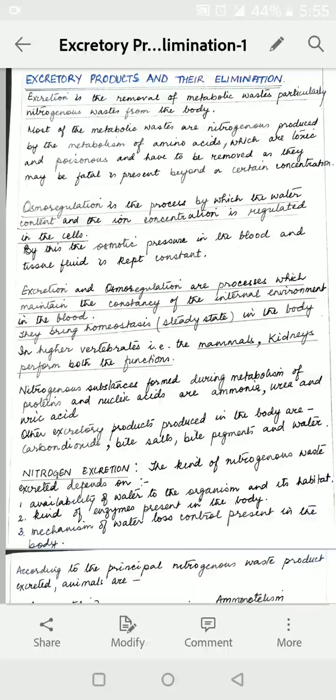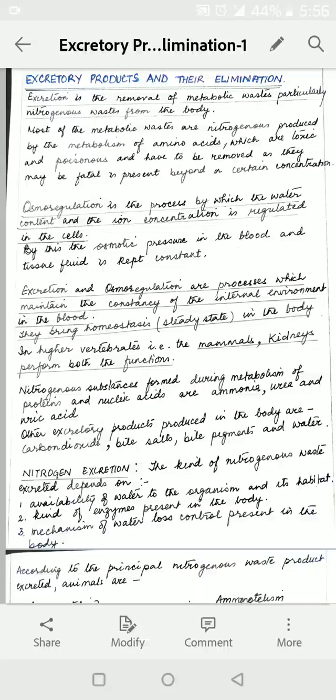When we talk of metabolic waste, we have to use the term nitrogenous waste. So, the right definition of excretion will be the removal of metabolic waste, mainly nitrogenous in nature, from the body.